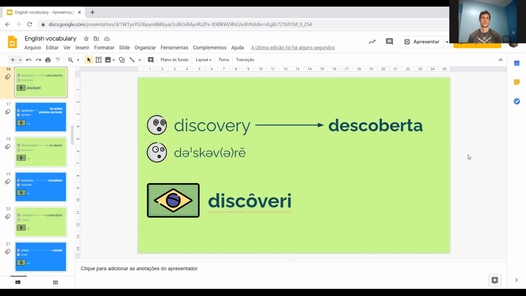It's not a verb. What's the verb for this word? Discover. The verb is discover without a Y. Okay. Discovery is a noun, like I discovered a discovery. That makes sense.